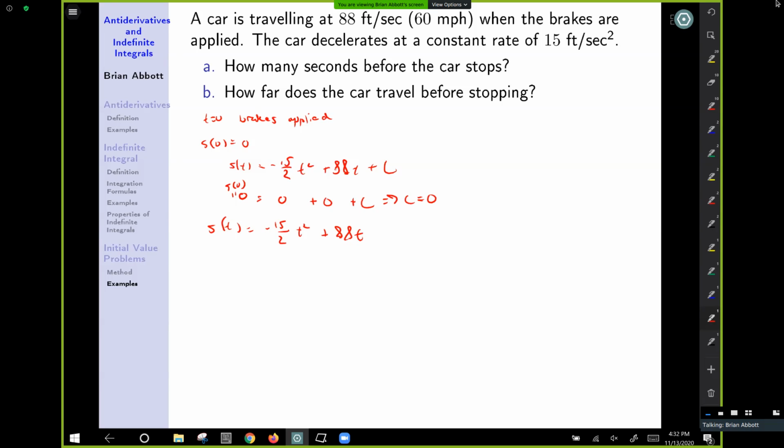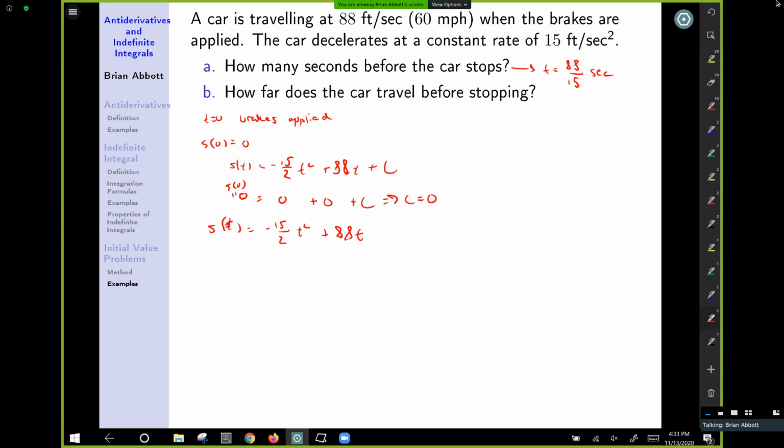And then how far does the car travel before stopping? Well, here it becomes beneficial to remember that the answer to the prior question was time equals 88 over 15 seconds, which is how long it takes the car to stop. So the position function is going to just track how far the car travels during that time, because the velocity doesn't hit 0 until it actually stops.